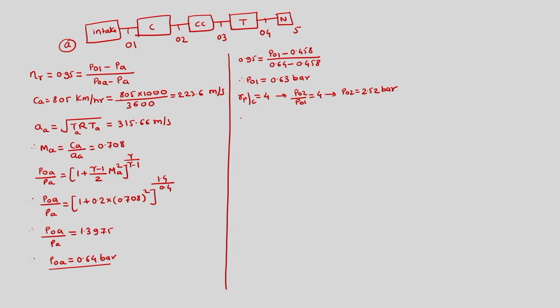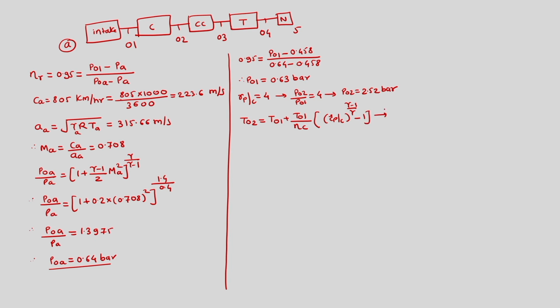Now we can calculate T naught 2, since T naught 2 is equal to T naught 1 plus T naught 1 into bracket RPC raised to gamma minus 1 upon gamma, minus 1, divided by the compressor efficiency.